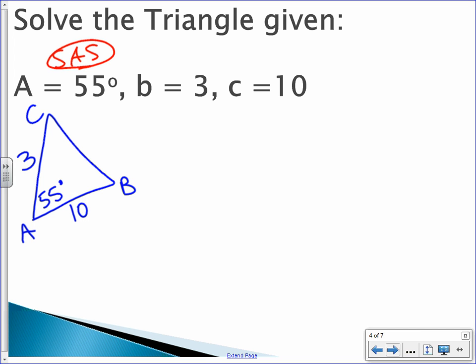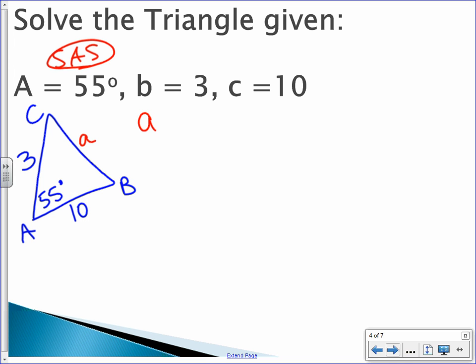Okay, now the law of cosines formula involves all three sides and one angle. That being the case, what do we have to solve for in this problem first? Side A. Okay. So let's apply our formula.